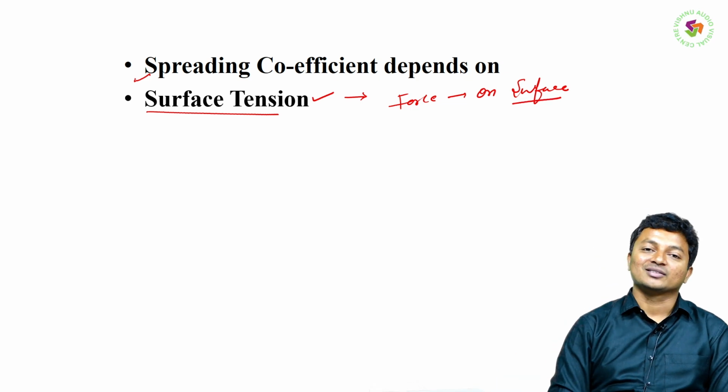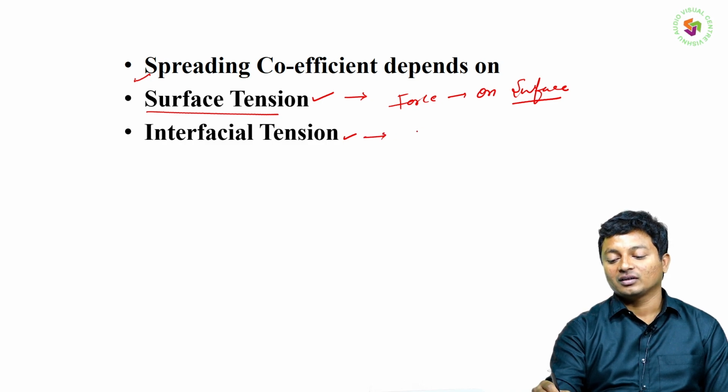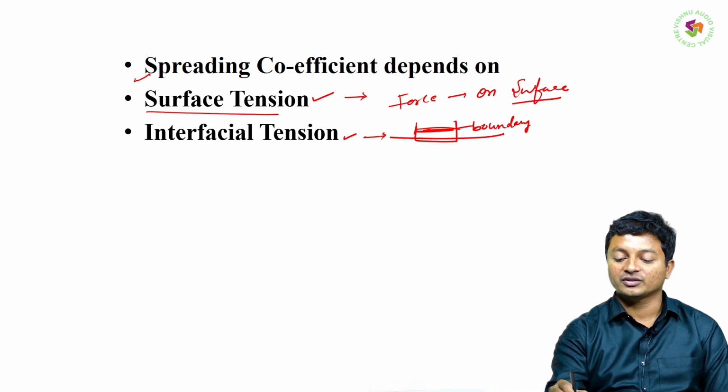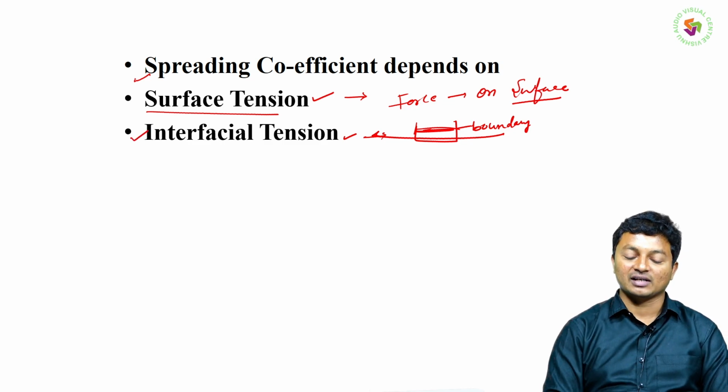Second factor is interfacial tension. This is the phenomenon which can form a boundary. This is also discussed in the previous classes.